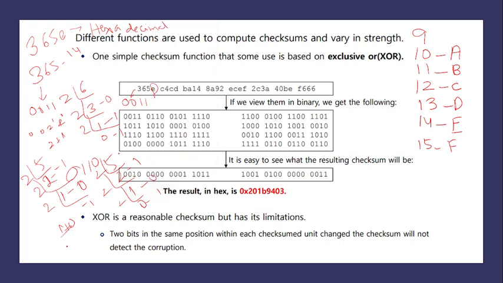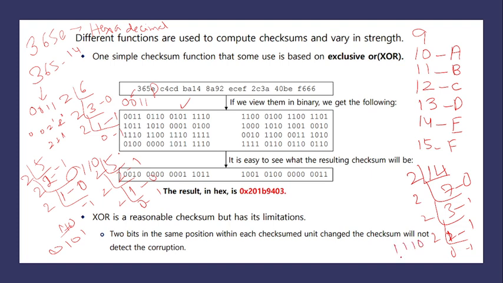So the output is 0101. Next is 1110. What is that? That is E, 14. For 14: 2 sevens are 14, remainder 0; 2 threes are 6, remainder 1; 2 ones are 2, remainder 1; then 1. So 1110.